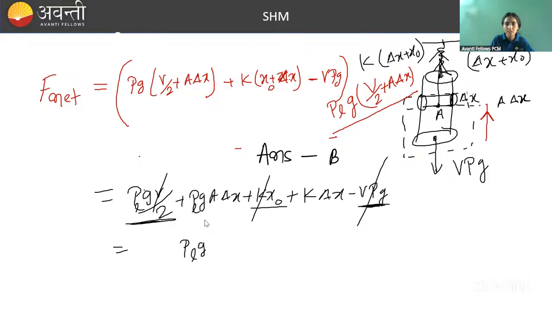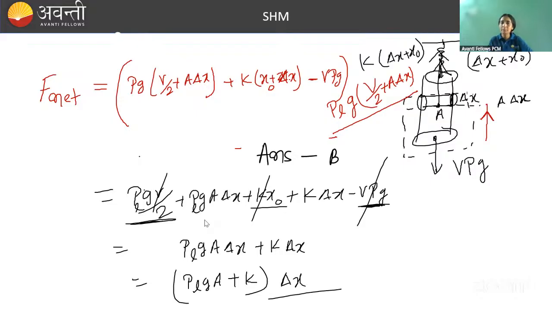How much value you are going to get? Rho L g A delta x plus k delta x. So the value is (rho L g A plus k) delta x. अब तुम कहोगे मैम इतना लिखना जरूरी था क्या? मैंने तुम लोगों के लिए इतना लिख दिया, बट अगर मैं डायरेक्टली लिखती तो मुझे डायरेक्टली दिख रहा है कि एक्स्ट्रा फोर्सेस क्या आए.